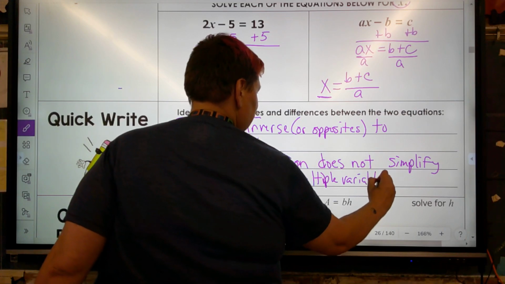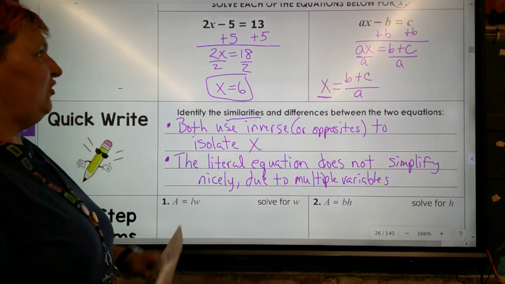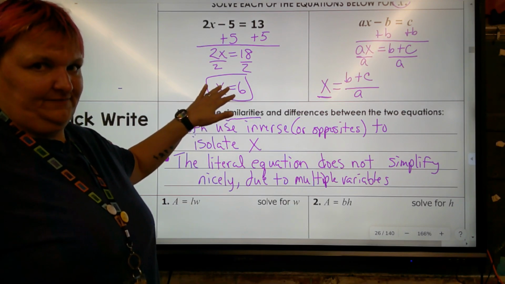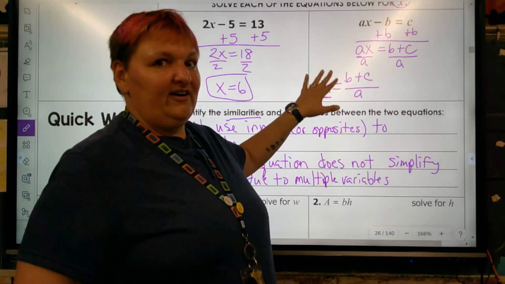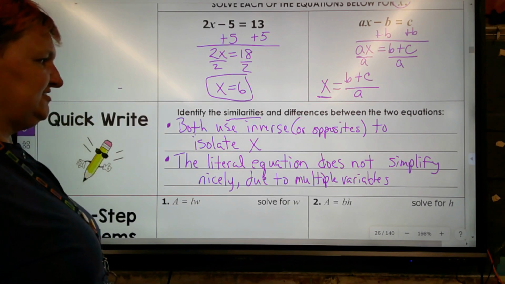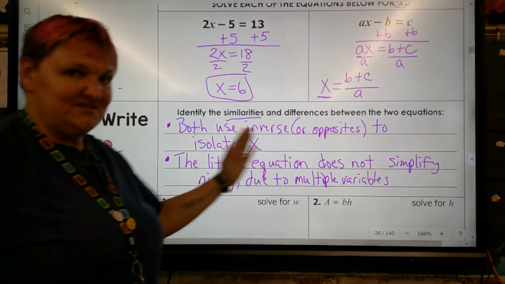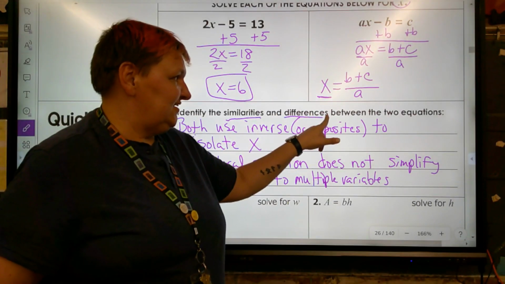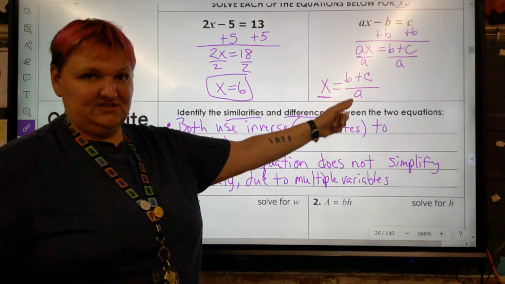That's the difference. When you know the values, you can get it down to one simple answer. If it's multiple variables, it's never going to be that simple, right? That's the difference. The process is exactly the same, but the difference comes in how your answer looks.